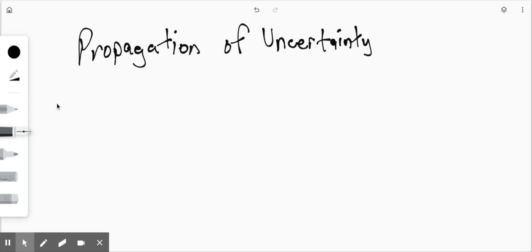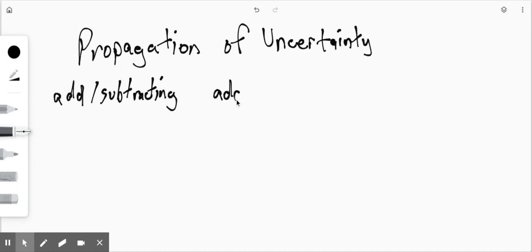So here's how that works. There's two rules. The first rule is anytime you're adding or subtracting data, all you have to do is add the absolute uncertainty for each measurement. That's not too bad.